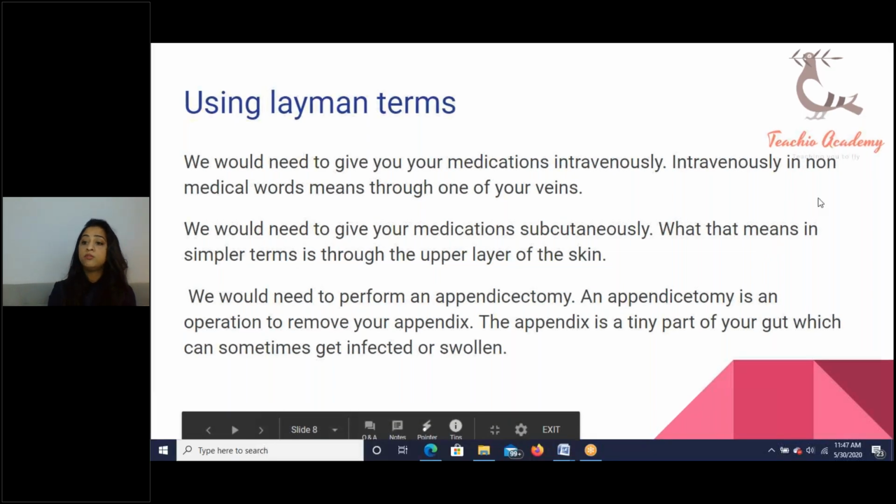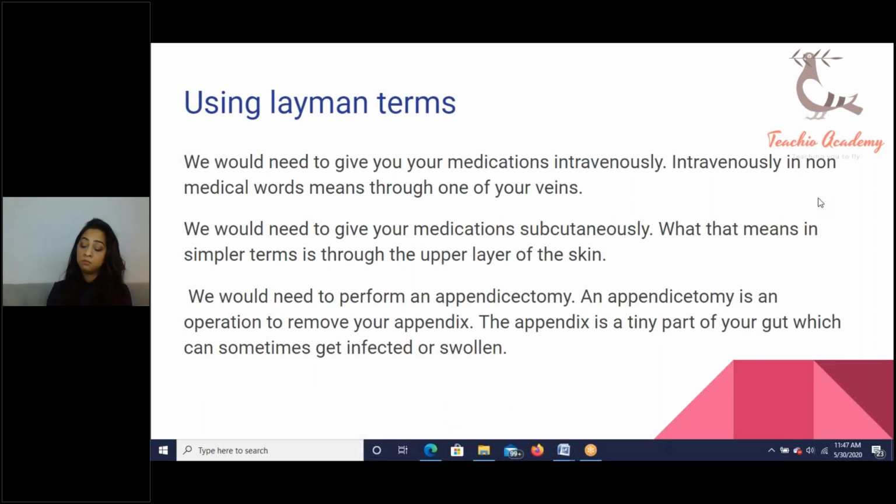So even though you've said some medical terms, immediately, before the patient interrupts you, you have told the patient what that means in non-medical terms. And how do you do that? You say the word intravenously in non-medical words or non-medical terms means through one of your veins.